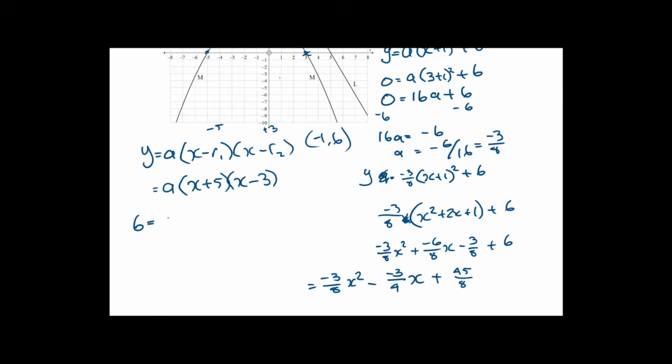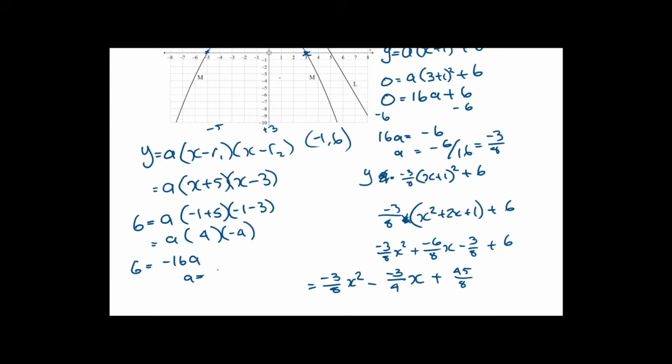So 6 is going to be equal to a times negative 1 plus 5, negative 1 minus 3. So that's going to be a times negative 1 plus 5 is positive 4, and negative 4. So 6 is going to be negative 16a.